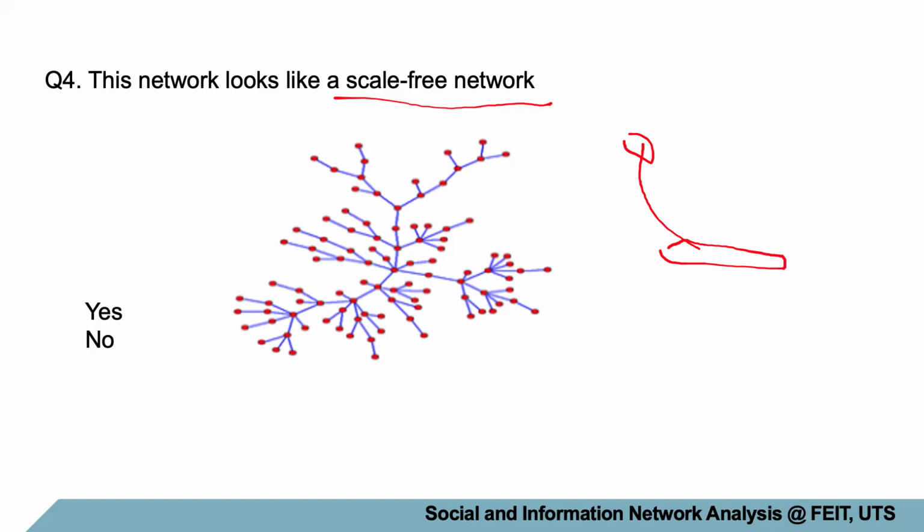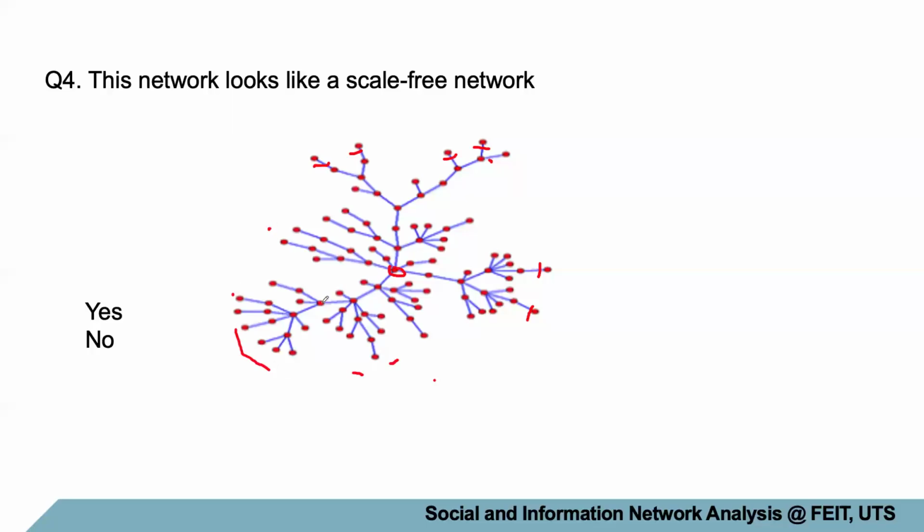In this network, we can see many of these vertices have very low degree, but a few nodes have really high degree. So this is more like a scale-free network. Like I mentioned once again, it's not a formal definition, just to help you understand these concepts. Any questions about these two problems?